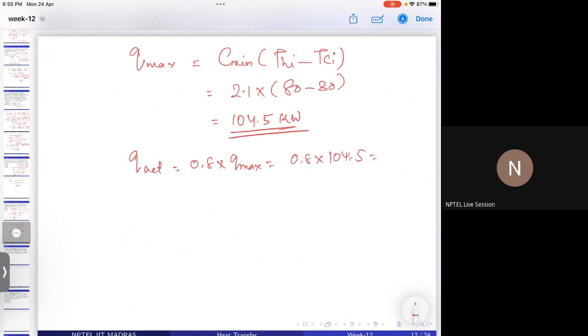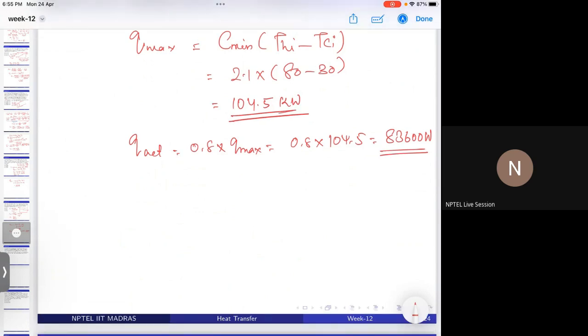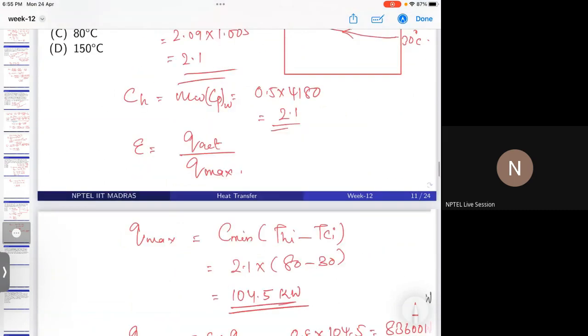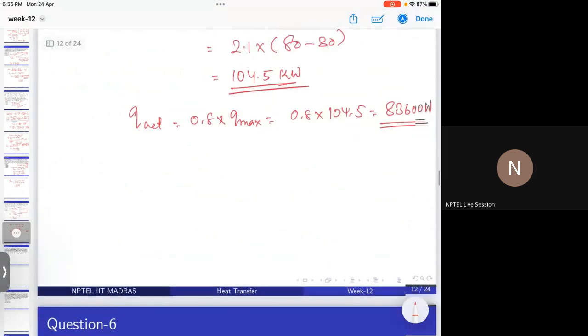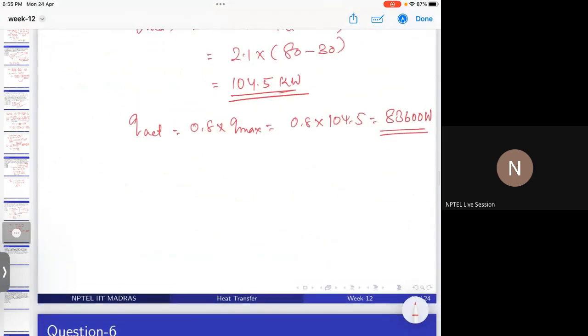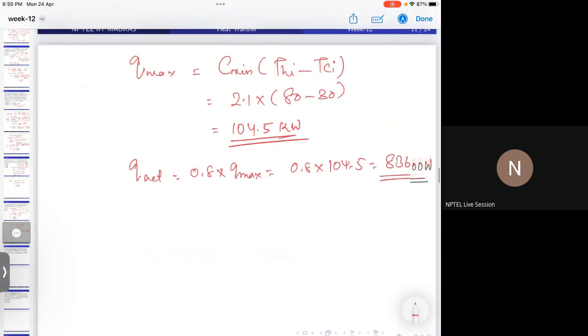So this will be around, okay, this is the actual heat transfer in the heat exchanger. So what is our question? We have to find out the LMTD.